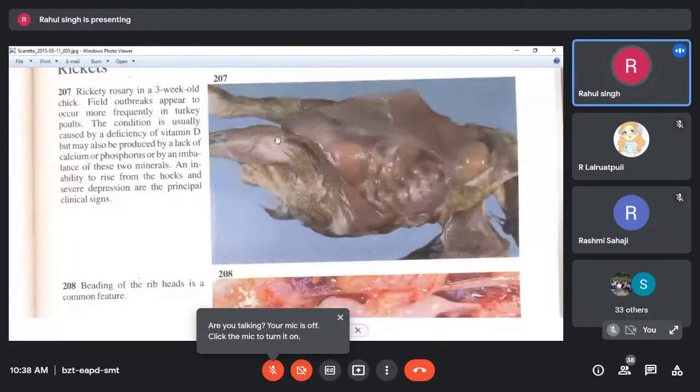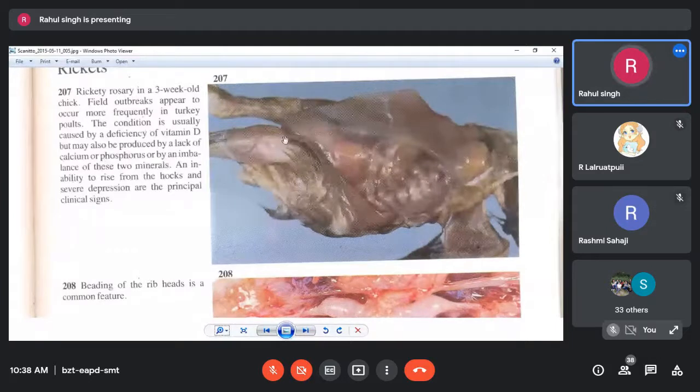Then we come to some metabolic diseases, and one of the typical ones is rickets. If you see, these are the legs, this is the pectoral muscle, and from this side the wing has been removed, and the ribs are visible.